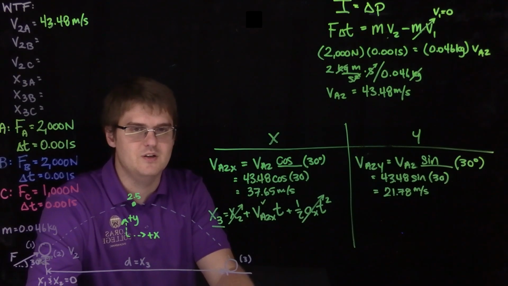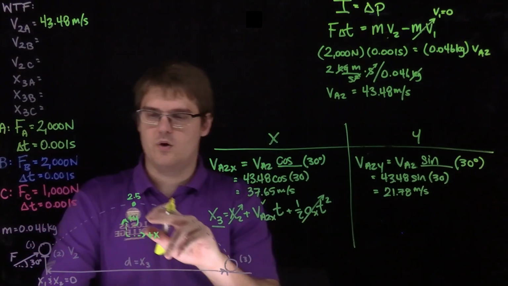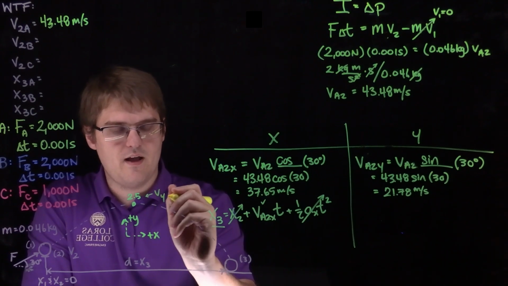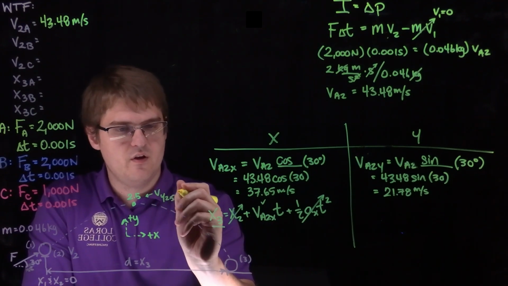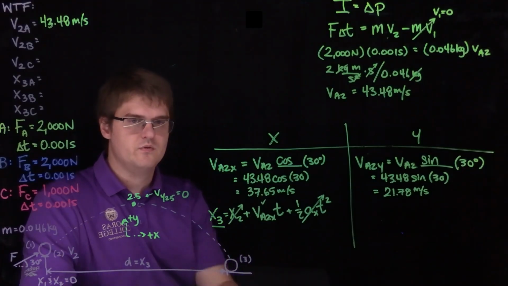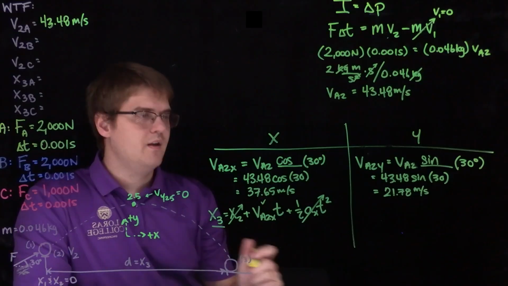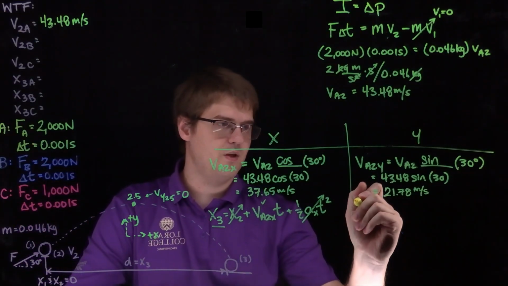What I know about 2.5 is my velocity in the y at 2.5 is going to be 0, because I'm at my maximum height, going from moving up to moving down. There has to be a point there that it's 0.